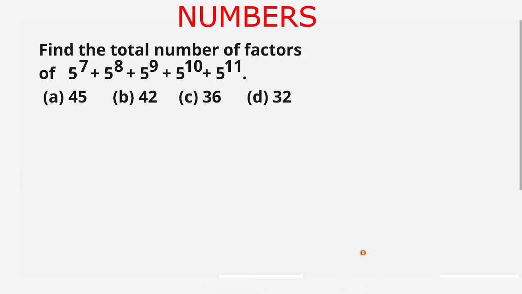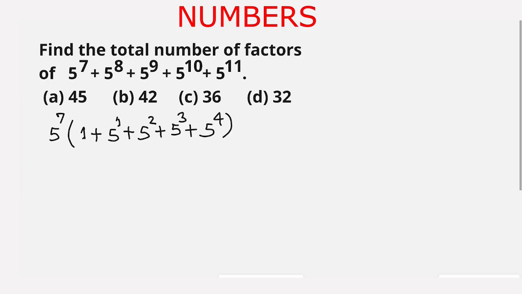We take common 5 to the power 7 from the given question, then it will be 5 to the power 7 multiplied by 1. In place of 5 to the power 7 it will be 1, plus 5 to the power 1. In place of 5 to the power 8 it will be 5 to the power 1, plus 5 to the power 9 will be 5 to the power 2, as we have taken 7 power out of it, plus in place of 5 to the power 10 it will be 5 to the power 3, plus in place of 5 to the power 11 it will be 5 to the power 4.